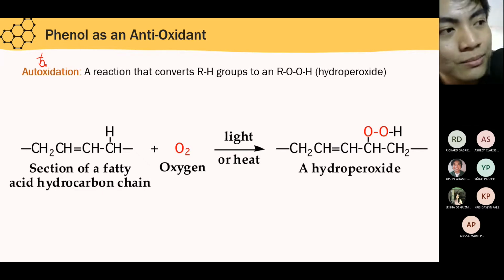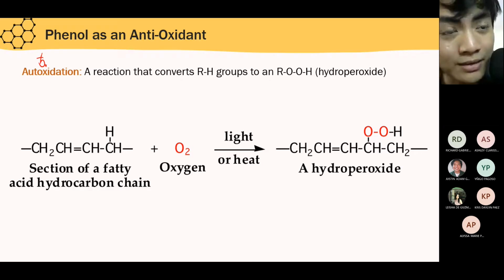Okay? So, paano ba tayo nagkakaroon ng free radical? Okay? So, actually, yung pagkapanis ng food, it can be attributed to that. Okay? So, for example, we have here a section of fatty acid, hydrocarbon chain. Present yan sa mga karne, no? Yung mga taba-taba ng karne. Okay? Di ba, ang baho nila kapag napapanis sila, no?